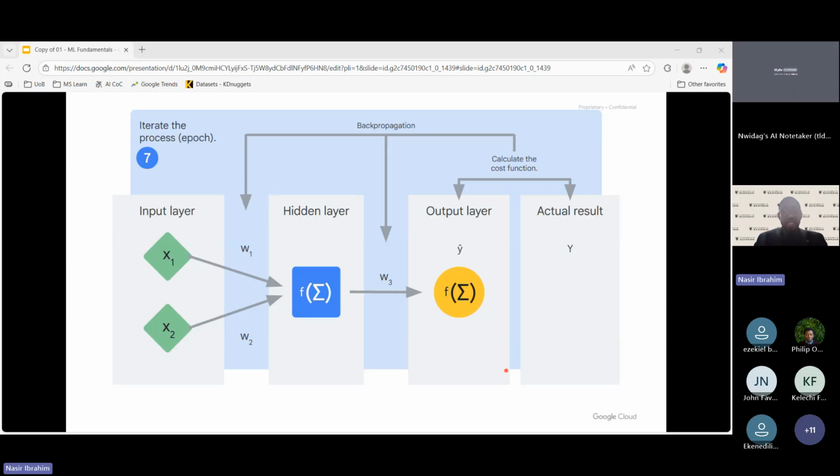You can tell that the cost function has reached its optimum when the value stops decreasing over multiple iterations. So if, let's say, you have 100 epochs, and after 50 epochs you realize that the cost function does not decrease further, then it has reached its optimum, and you can stop training at that level.